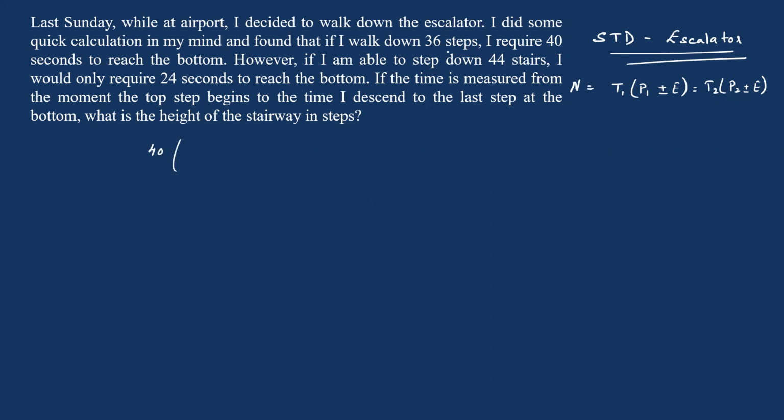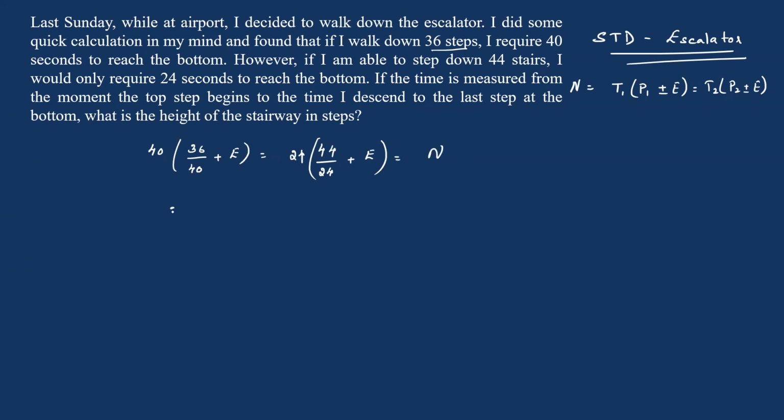Person 1 is taking 36 steps in 40 seconds. So speed becomes distance by time plus the speed of the escalator, which should be equal to, if I am able to step down 44 steps, I would take only 24 seconds, plus the escalator speed, all into 24. This should be equal to the number of steps in the escalator.